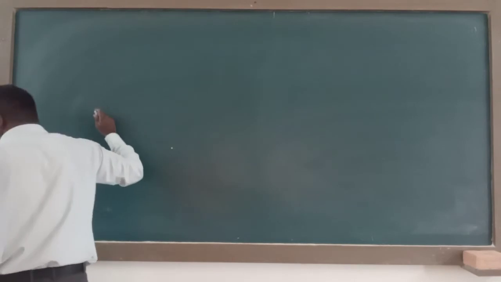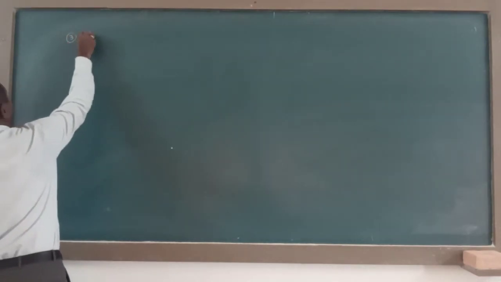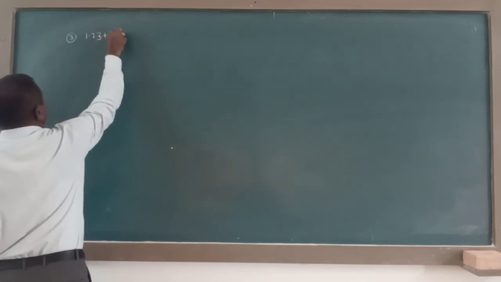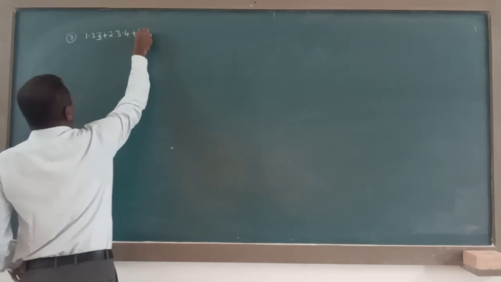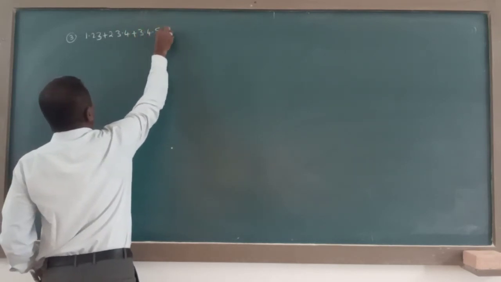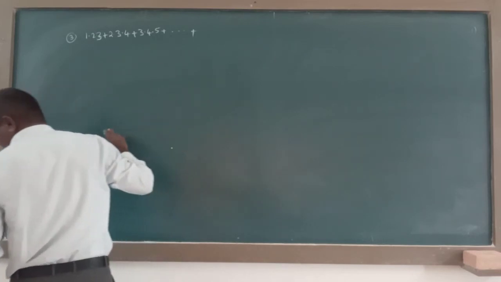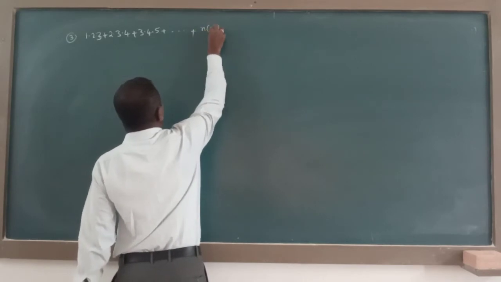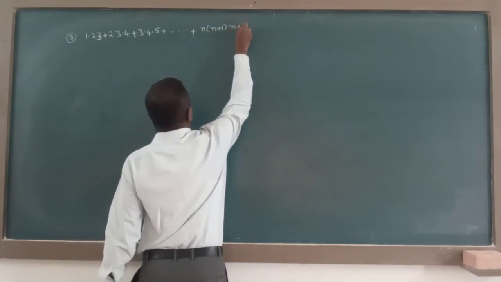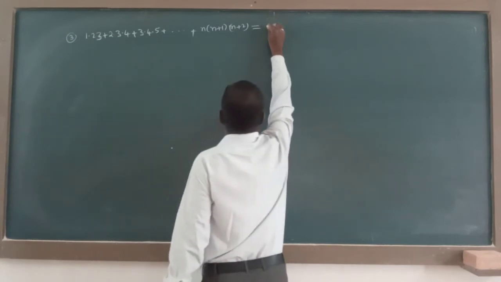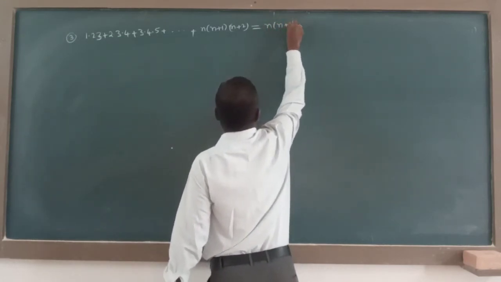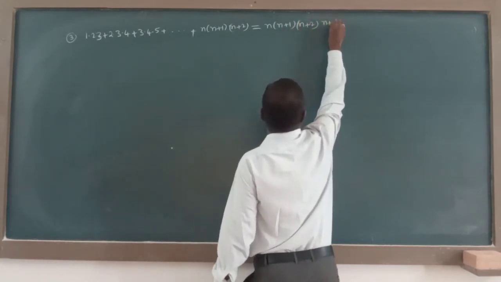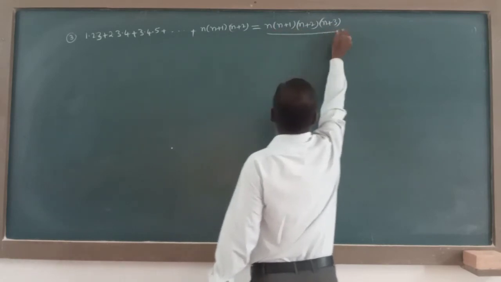Prove by the principles of mathematical induction that 1 into 2 into 3 plus 2 into 3 into 4 plus 3 into 4 into 5 plus and so on plus n into n plus 1 into n plus 2 is equal to n into n plus 1 into n plus 2 into n plus 3 whole dividing by 4.